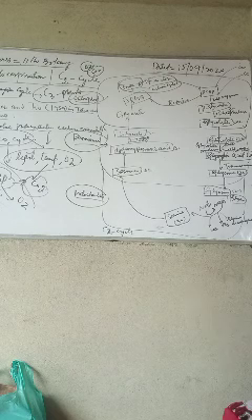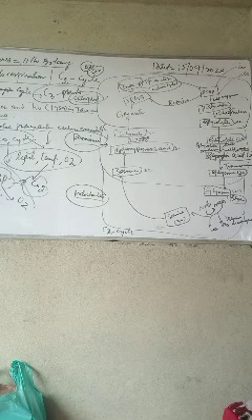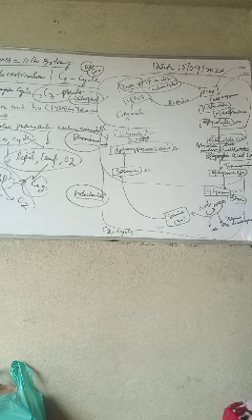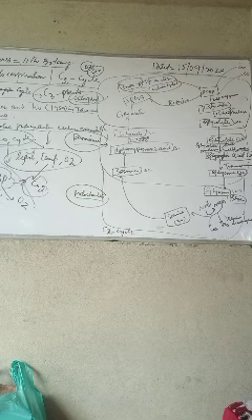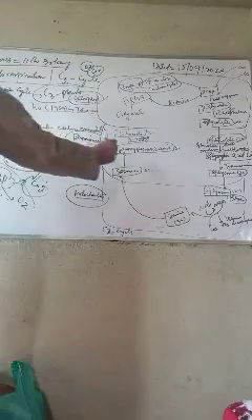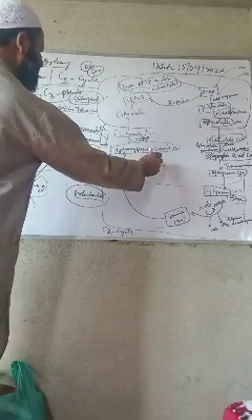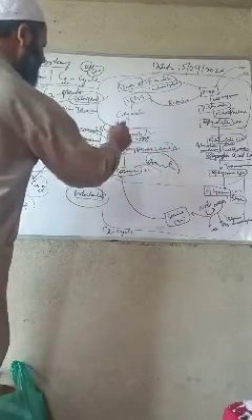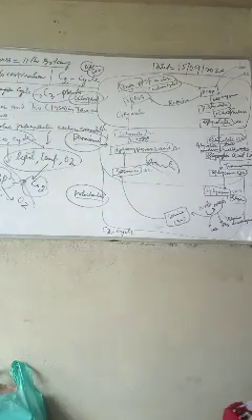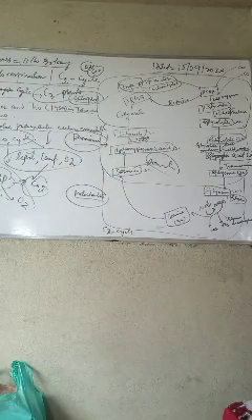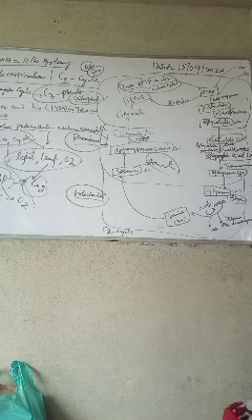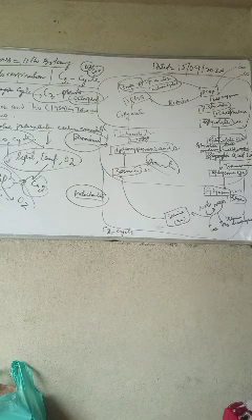Now this 3 carbon serine re-enters from the mitochondria into the peroxisomes. Here it undergoes deamination and produces hydroxypyruvic acid. This hydroxypyruvic acid then undergoes reduction and produces glycerate, which is a 3 carbon compound.